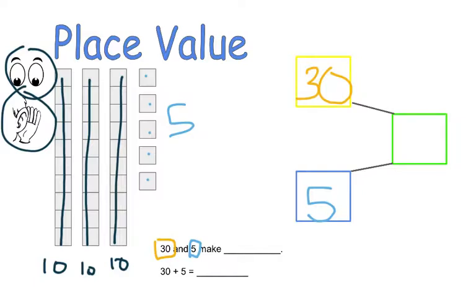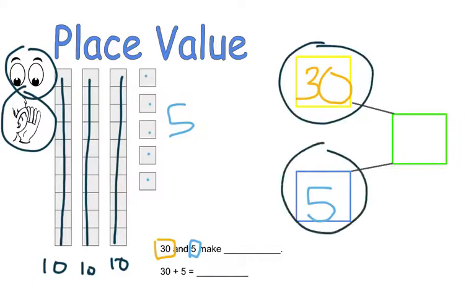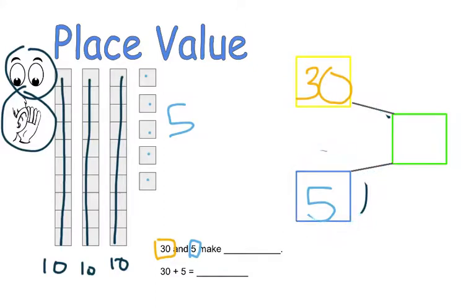So now we have to put 30 and 5 together to find out how much they equal when we add them. So we can count on, or we can look at it another way. I'm going to count on first. So we'll do 10, 20, 30.